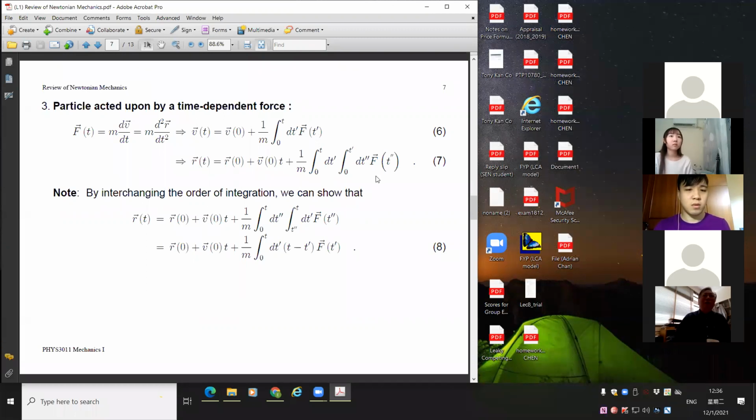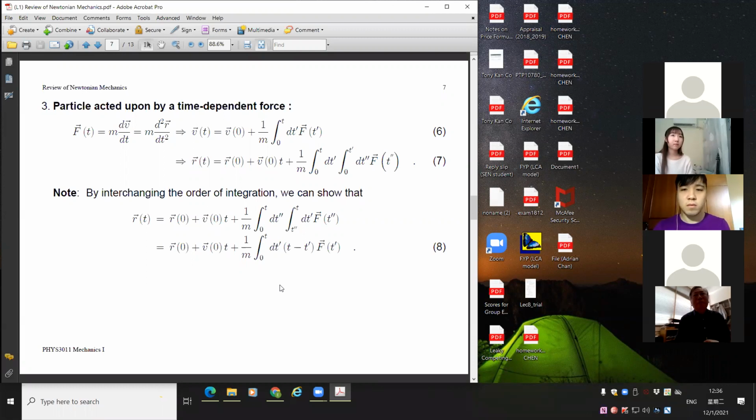It will involve a double integral. However, we know that we can interchange the order of integration so that the double integral can be reduced to a single integral in time.